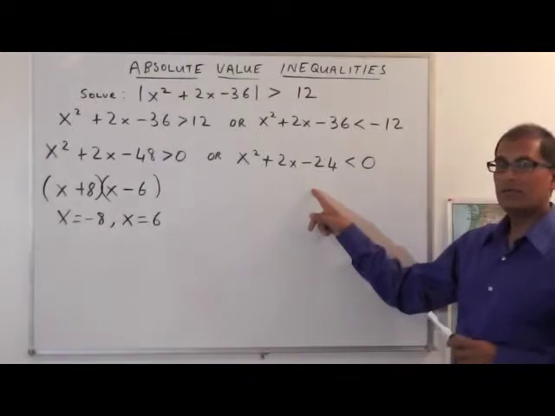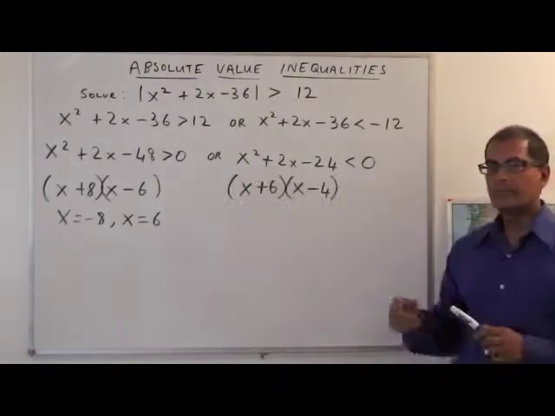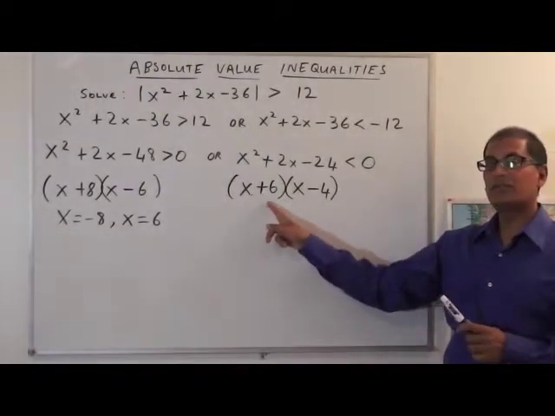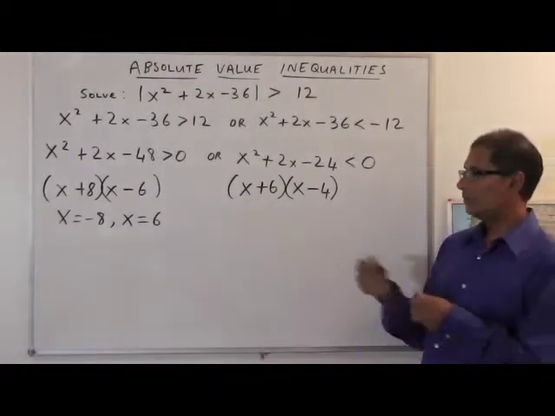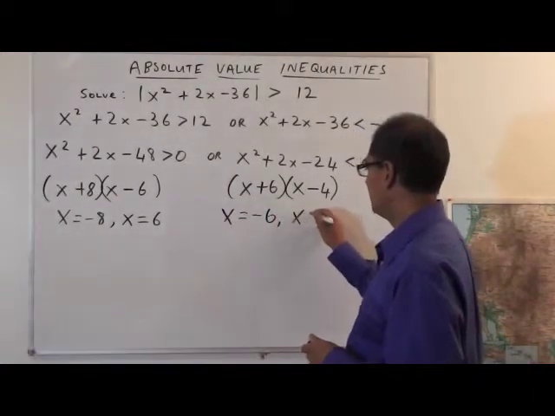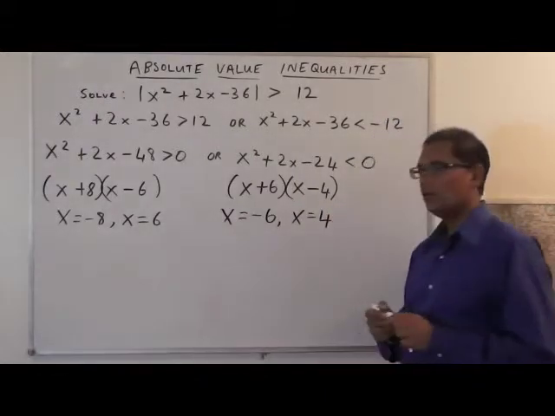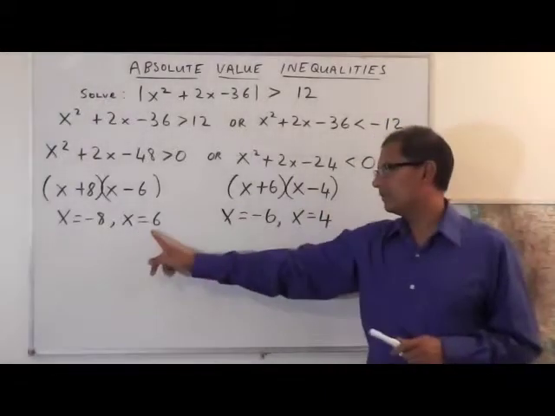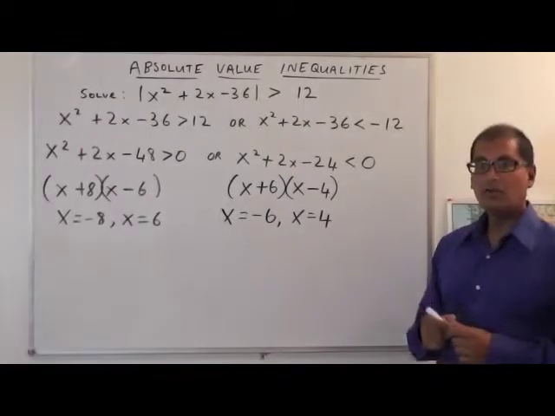Similarly, we factor this quadratic expression here into x plus 6 and x minus 4, and then the roots of this are x equals negative 6 and x equals 4. So we have four roots here: negative 8, 6, negative 6, 4. So all of those are roots.